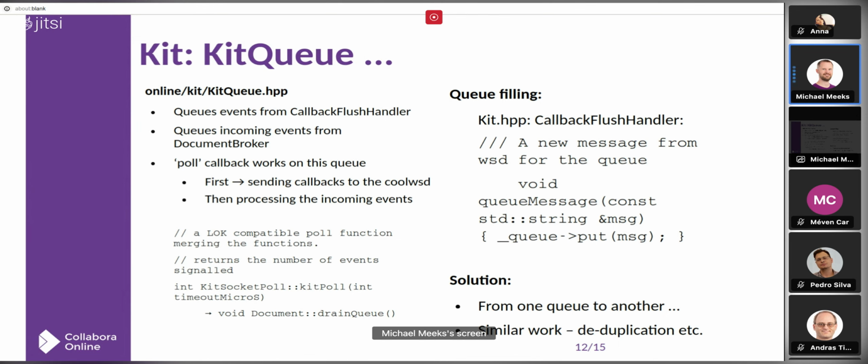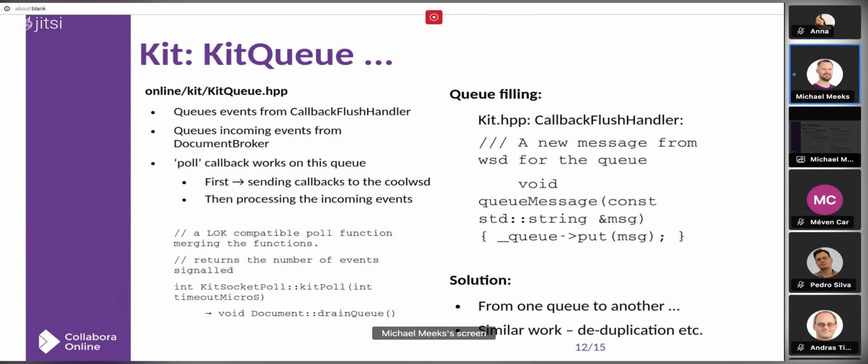And when we do a poll call, which we've hooked with this kit socket poll out of the LibreOfficeKit core, we first send those callbacks on. Obviously, all those events that were queued up, it's good for us to get them out and send them to the other side. And then we process the incoming events, obviously, shuffle those around, try and get them in a sensible order.